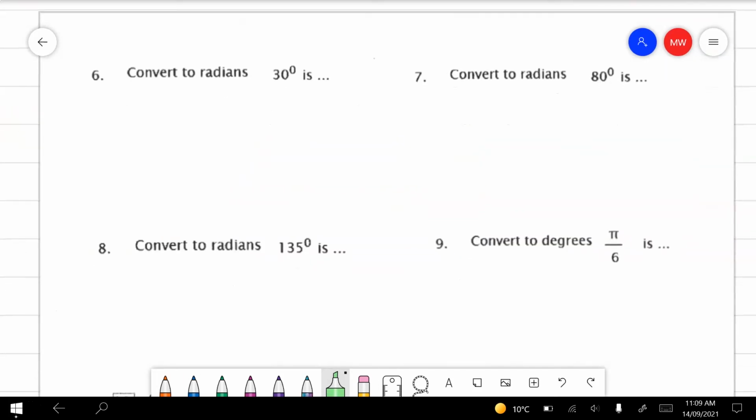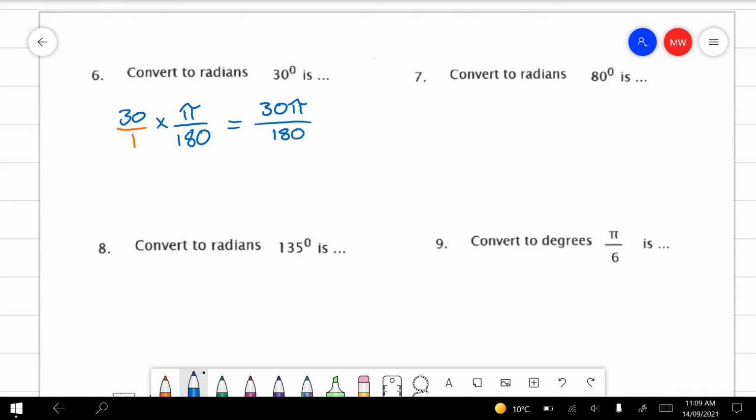Question 6, we're converting from degrees to radians. So let's have a look at this one. If we've got 30 degrees that we want to turn into radians, we need to multiply this by pi on 180. And if I'm multiplying an integer like 30 with a fraction, I make it a fraction so I don't get confused, and then it's just top times top, which is 30 pi, bottom times bottom, which is 180.